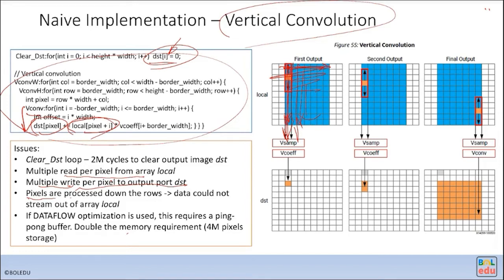If you have multiple frames to access this, the local buffer needs to be a ping pong buffer, and you cannot use a stream or a FIFO, because the access sequence is different. So if this kind of function is going to handle multiple frames, then you need multiple local buffers, using a ping pong buffer. We already know the size cannot fit into the chip.